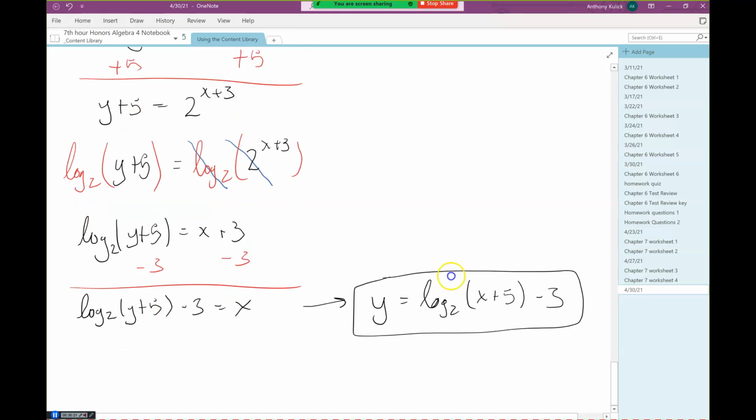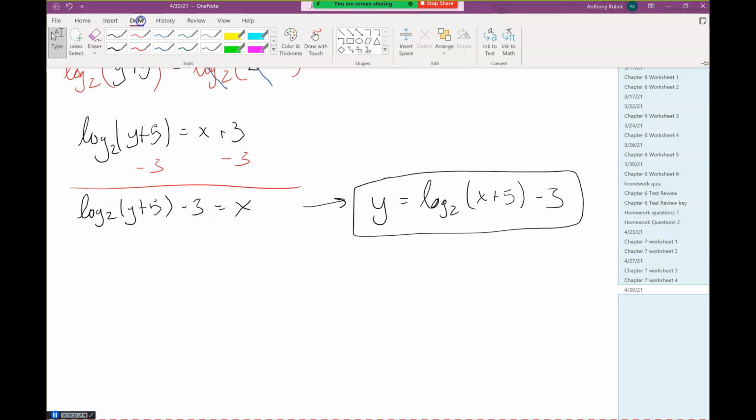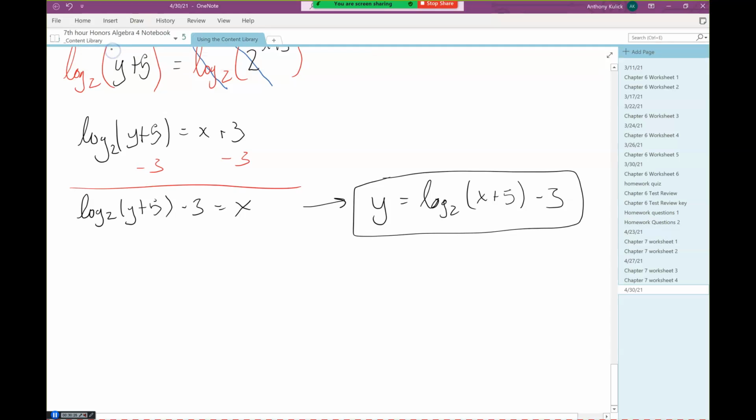Let's go the other way, though, just for grins. Let's say we have a logarithmic function, and let's say we want to find the inverse for this.